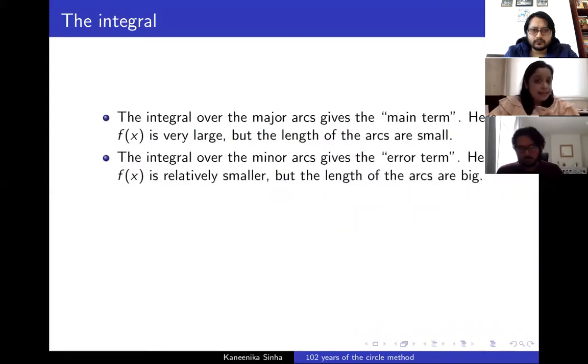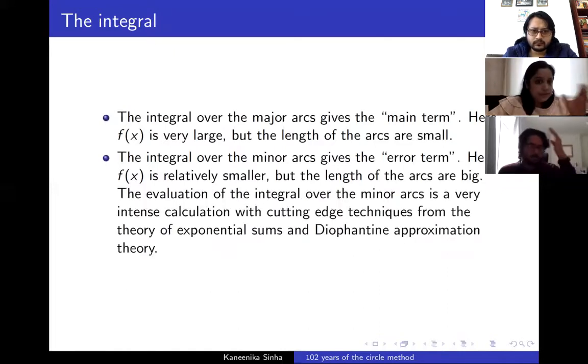On the other hand, when you remove very tiny windows from the unit interval 0 to 1, what you are left with is practically the entire interval 0 to 1. So the length of that is quite big, but the values of the function f of x in this leftover portion are very small. So this is the balancing act that we do between the major and the minor arcs.